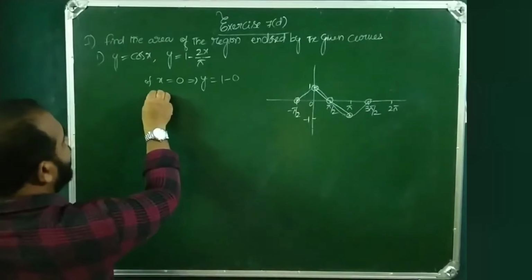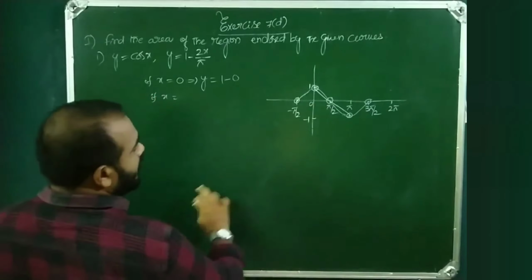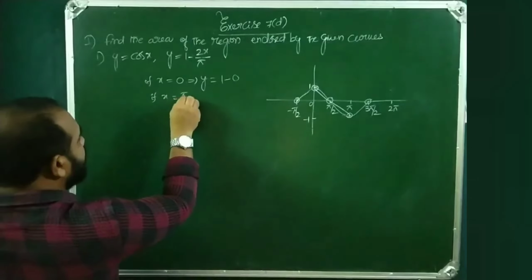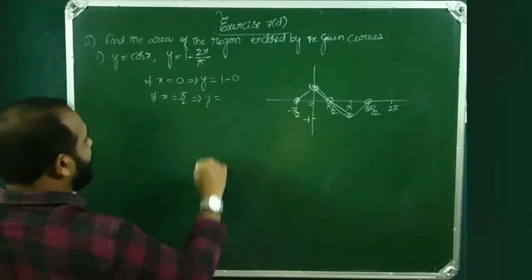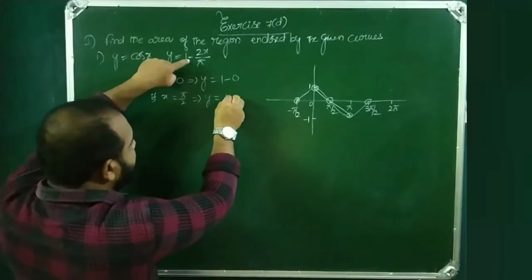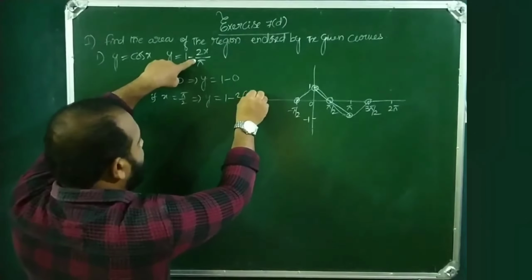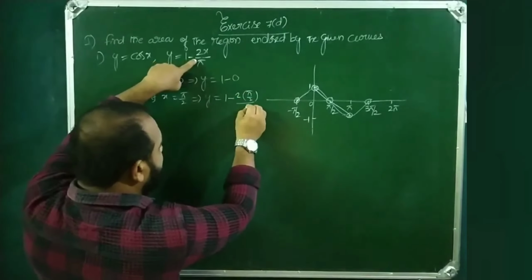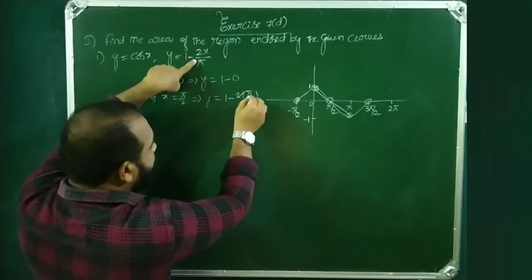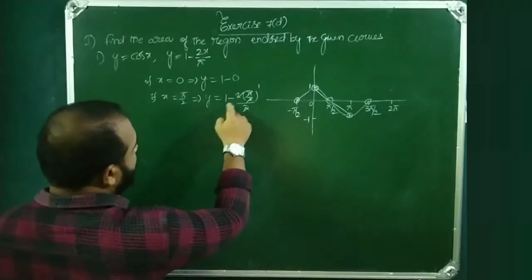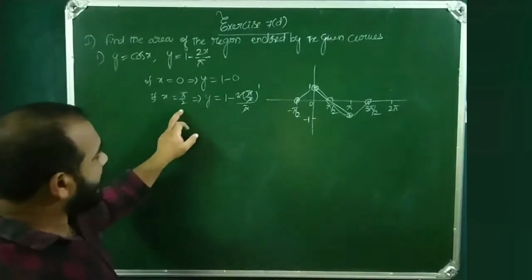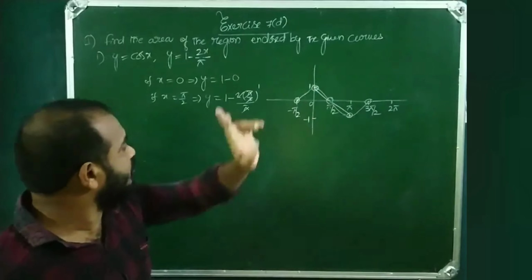Now if x equals pi by 2, see what will happen. y equals 1 minus 2 into pi by 2 by pi. The 2 cancels, pi cancels, 1 minus 1 is 0. That means pi by 2, 0 is this point.